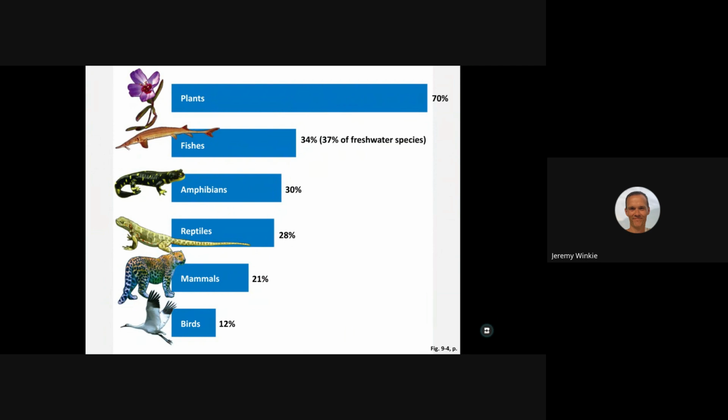You can see the plants make up most of it, followed by fish, and then 30% of amphibians are threatened, 28% of reptiles, 21% of mammals, and 12% of birds are threatened or endangered.